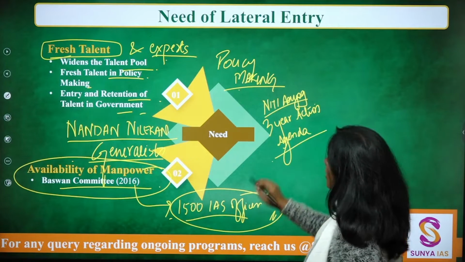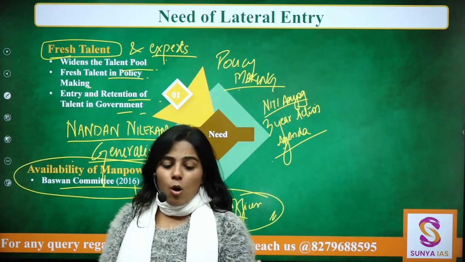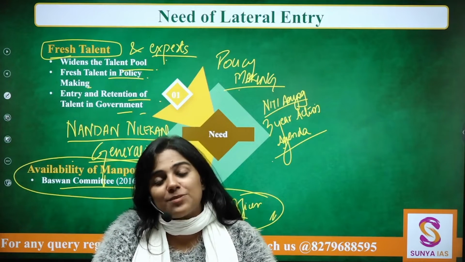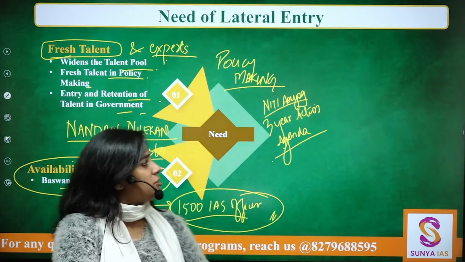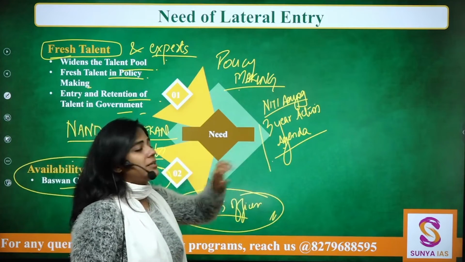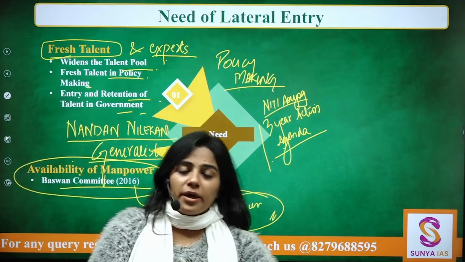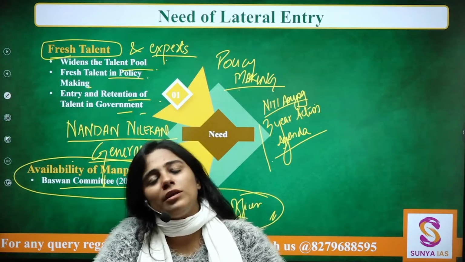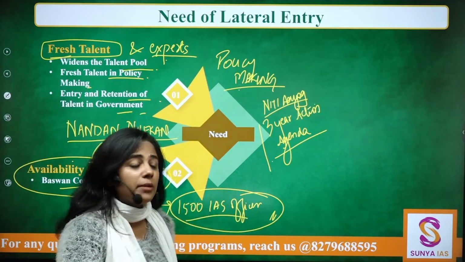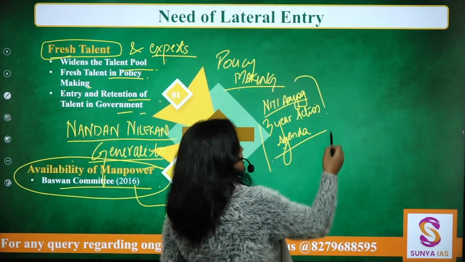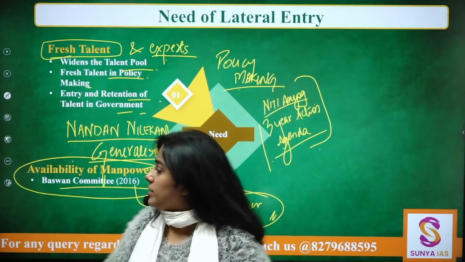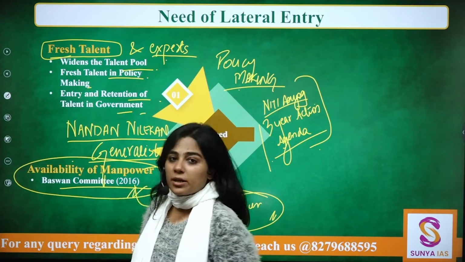Now, when you are having a 10 marker, let's say, or a 15 marker wherein this lateral entry aspect is only a point, there is no point of you writing 3-year action agenda. Okay. But if you are having enough space, let's say if you get a 15 marker only on lateral entry, then you can mention the specifics that Niti Aayog in its 3-year action agenda recommended. Along with it, the Baswan committee also recommended.